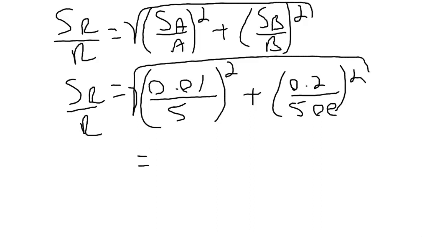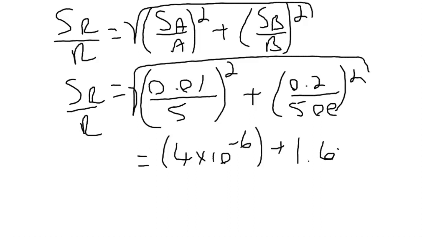0.01 divided by 5 is going to give us 0.02. We square that, we get 4 times 10 to the minus 6. And then if we do 0.2 divided by 500, that gives us 4 times 10 to the minus 4. We square that, we get 1.6 times 10 to the minus 7.